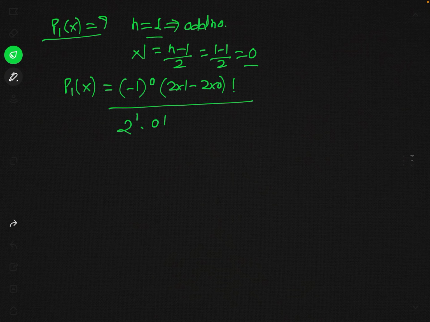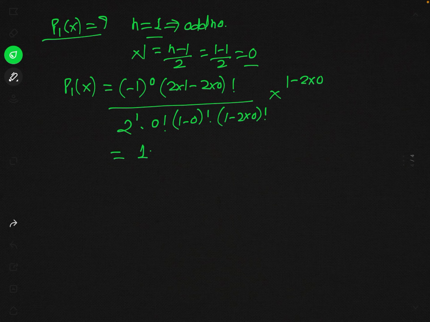So this is 2 to the power 1 because n is 1 into k factorial, and this is 0 factorial, k is 0, and (n minus k), this is (1 minus 0) factorial into (n minus 2k). So this is (1 minus 2 into 0) factorial and into x to the power (n minus 2k). n is 1 and 2k is 0. Since upper and lower both limits are in fact 0, so there will be only one term.